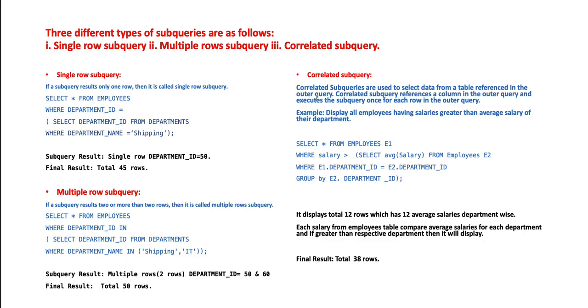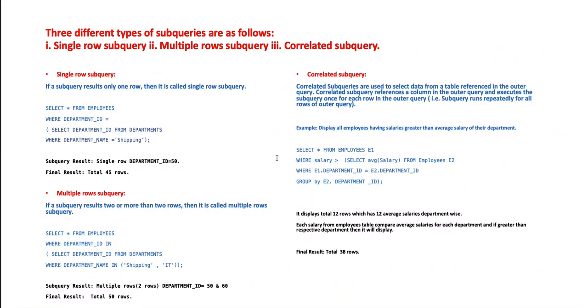Third one is correlated subquery. Correlated subqueries are used to select data from a table referenced in the outer query. A correlated subquery references a column in the outer query and executes the subquery once for each row in the outer query. That means a correlated subquery runs repeatedly for all rows of the outer query.